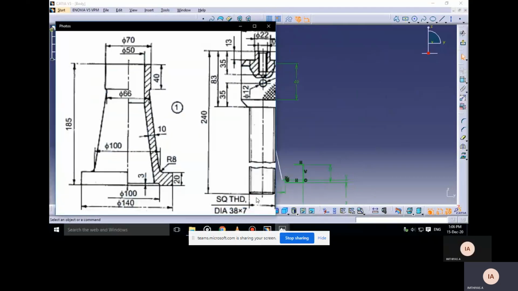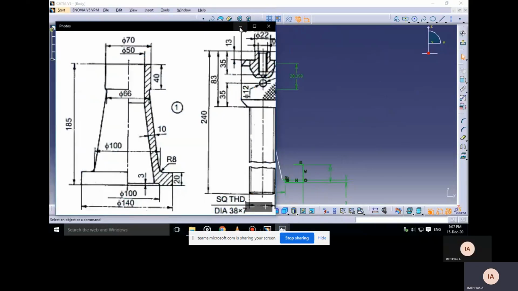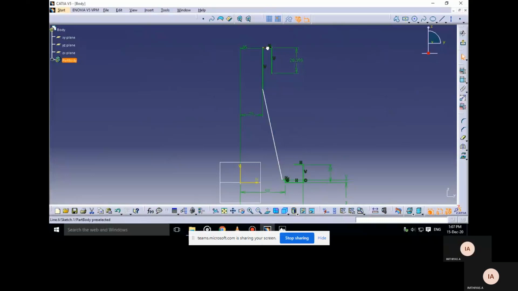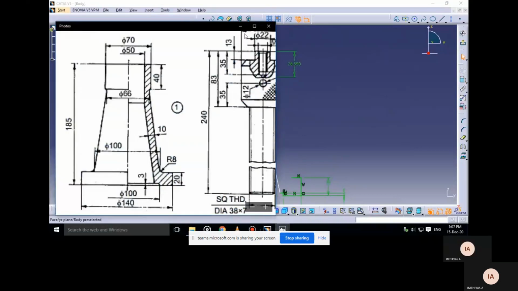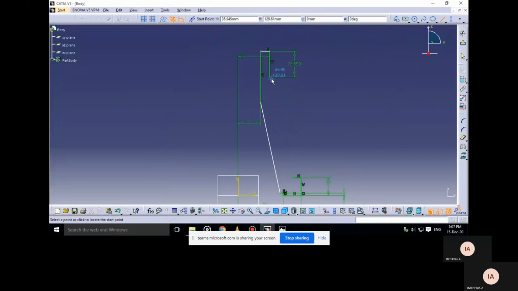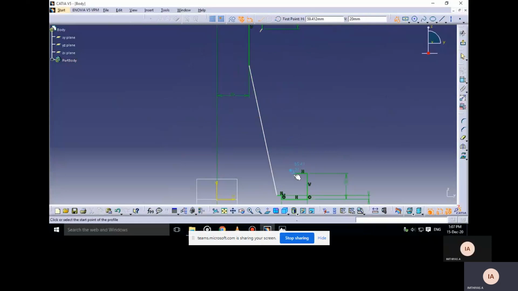Then we will have a line, and we will use poly profile to connect that line.